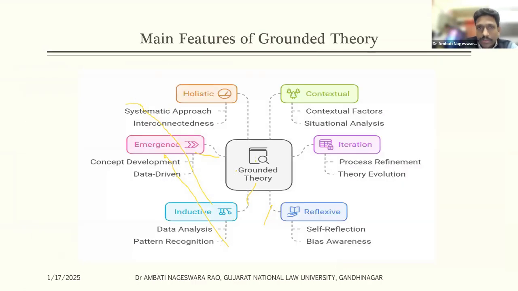If you look at some of the features of grounded theory, first and foremost is that it is inductive. As a part of qualitative research, you are going to observe the data. Based on that, you're going to come up with patterns and you're going to develop the theory. Emergence: the theory that you're going to develop is coming from the data that you collected.